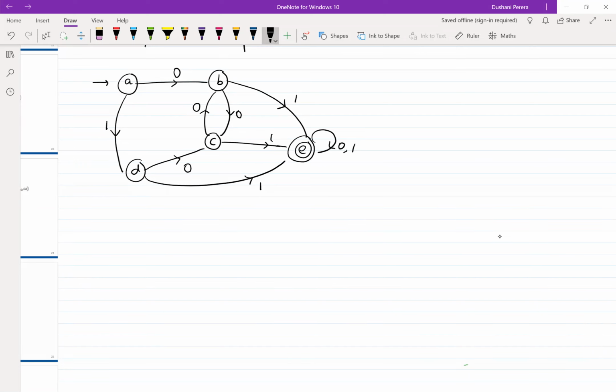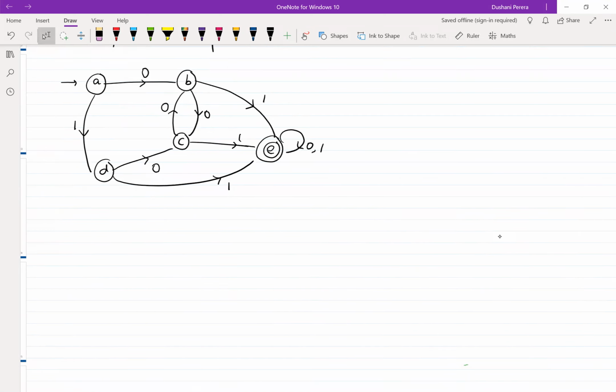So let's see whether there's anybody to remove here. Anyone who's not reachable. Initial one is A, so B is reachable, C, D, E. Everybody is reachable. Therefore, there's no one to remove here.